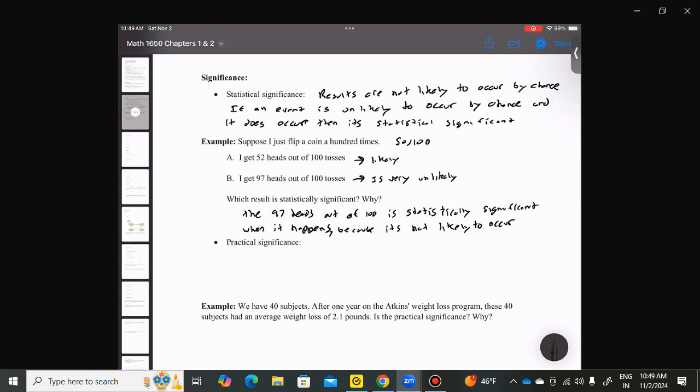Practical significance deals with whether or not there's actual practical purpose, right? So practical significance asks, does the event have any purpose? Or is it worth the effort?